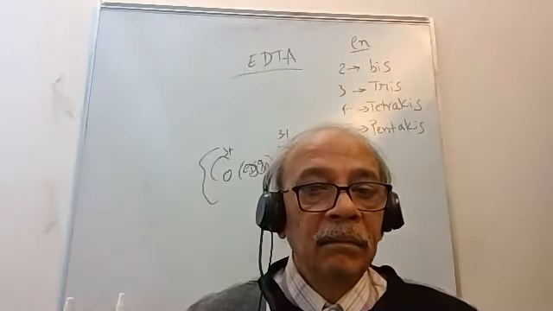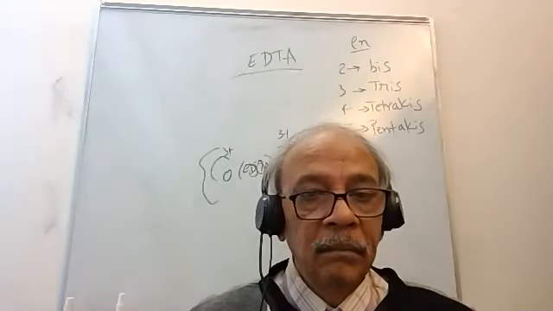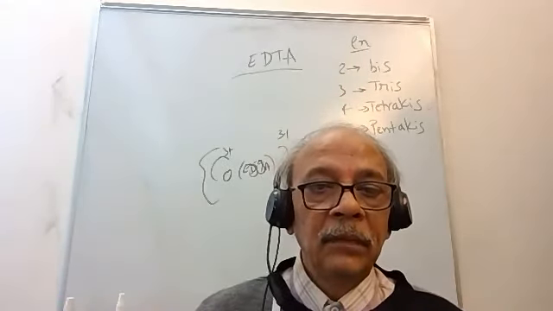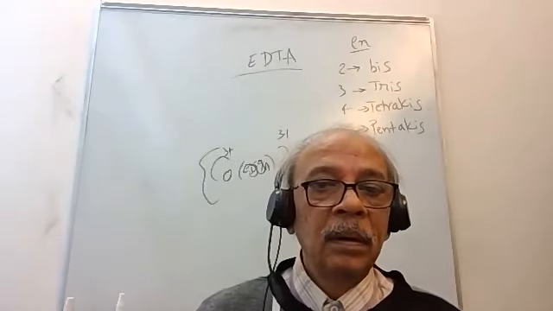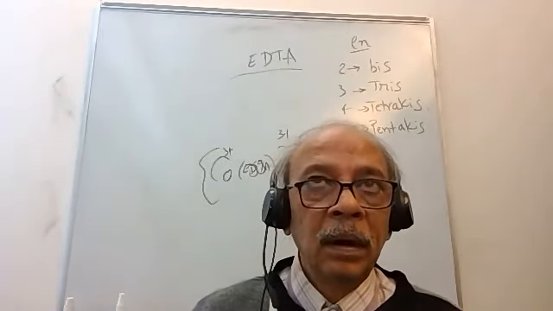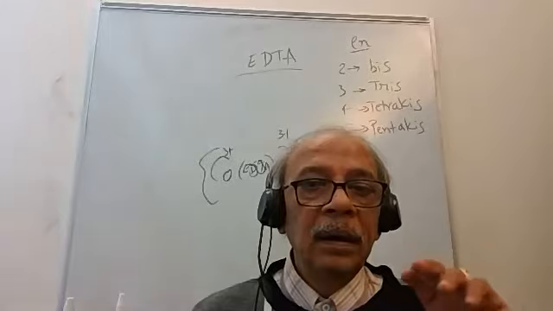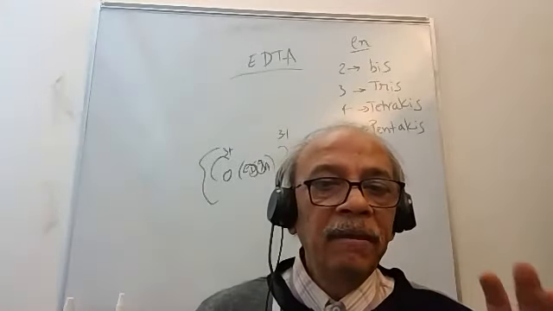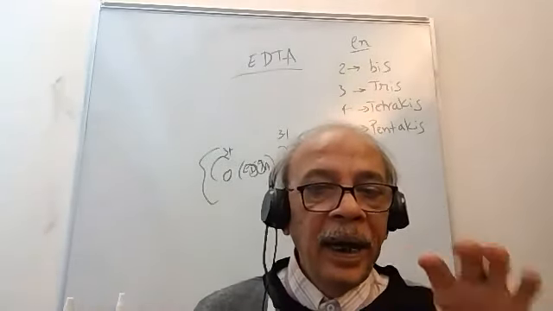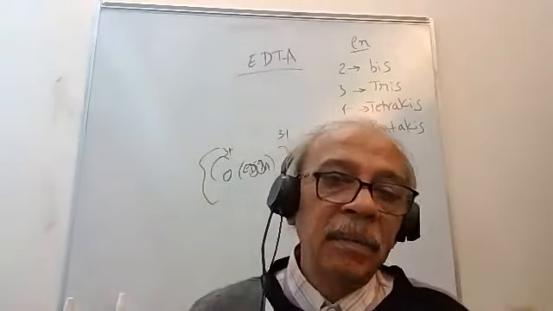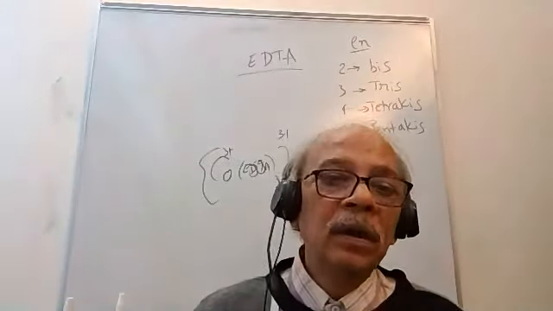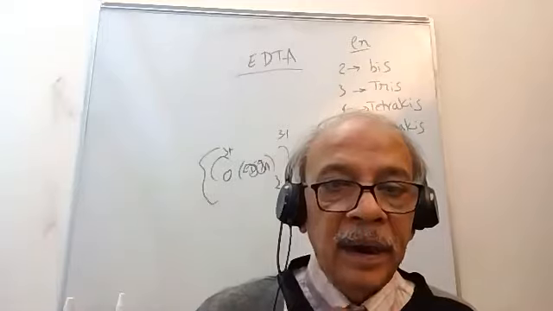Professor, a really quick question. You said for EDTA we use tris, but it also has di in it. Why don't we use di? Because, remember what I just told you, if the ligand has anything that suggests it has a number, then we don't use mono, di, tri.